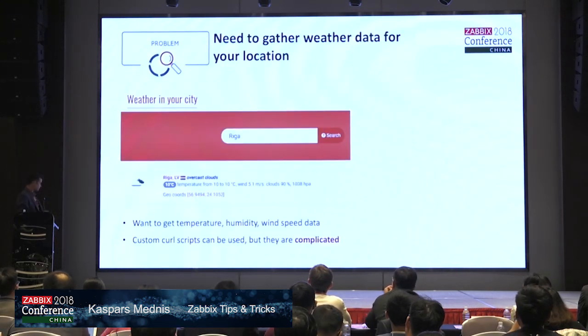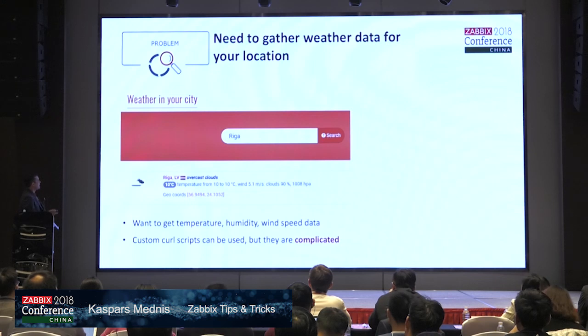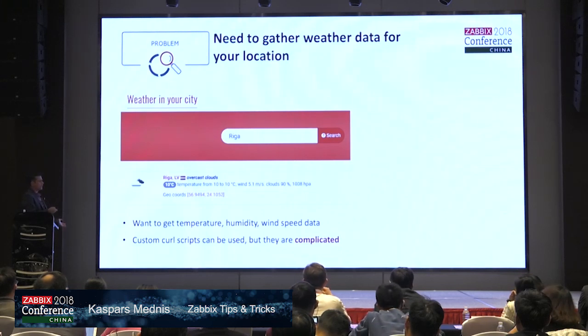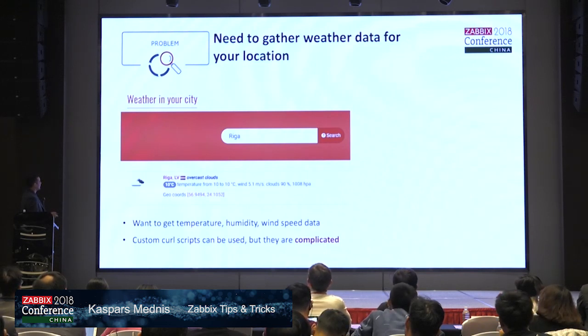Another example, just to show you the possibilities of JSON preprocessing. Maybe I want to monitor the weather in my home city, Riga. Yes, I'm from Riga. And I want to know, is it cold now or not? We have a site called Open Weather Map.